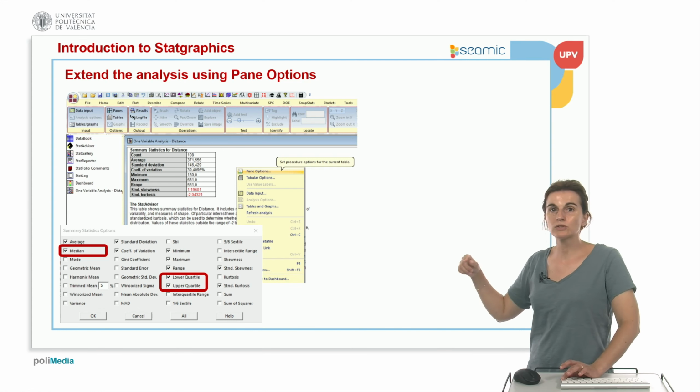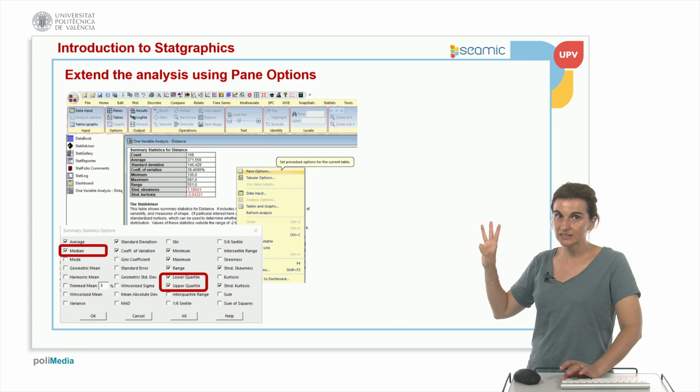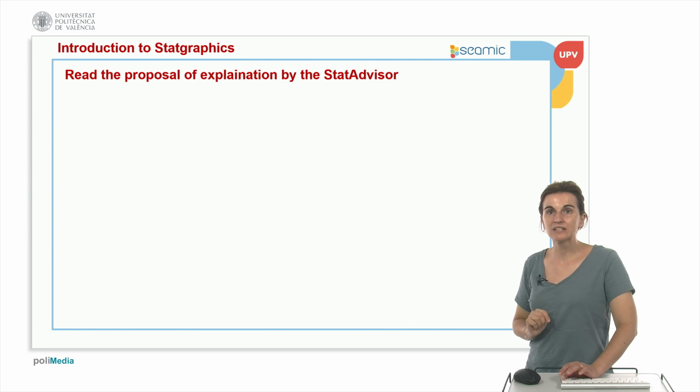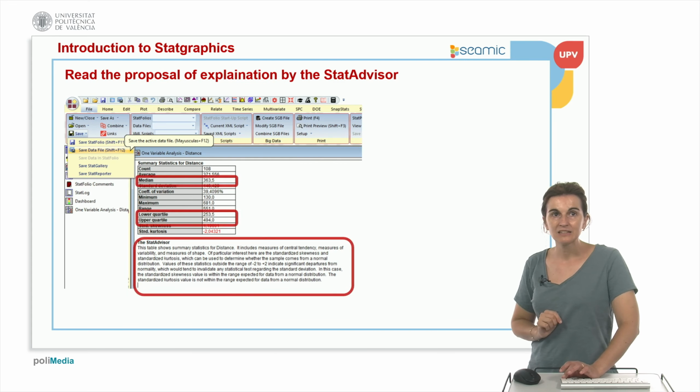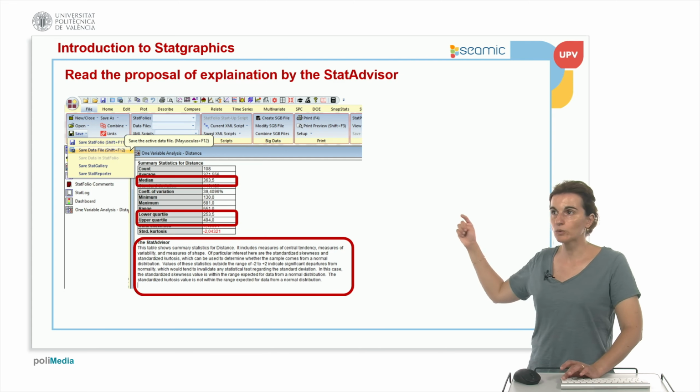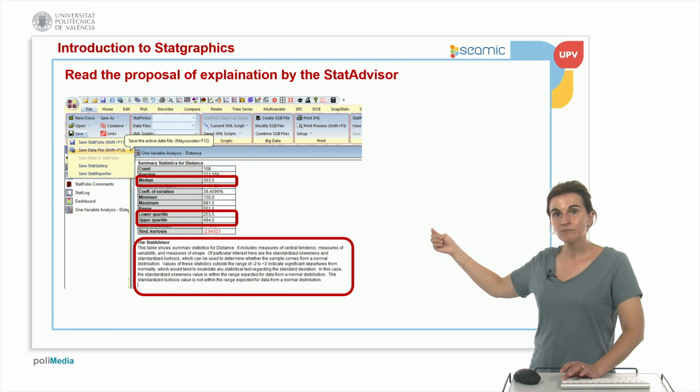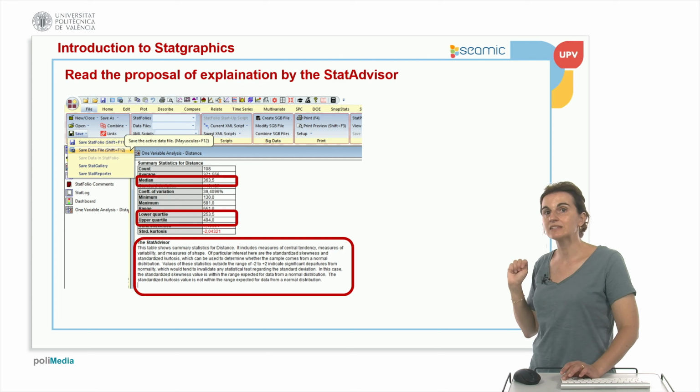So I'm going to select these 3 additional statistics, and that means when I accept this analysis, the median, the lower quartile, and the upper quartile are now shown in the analysis.